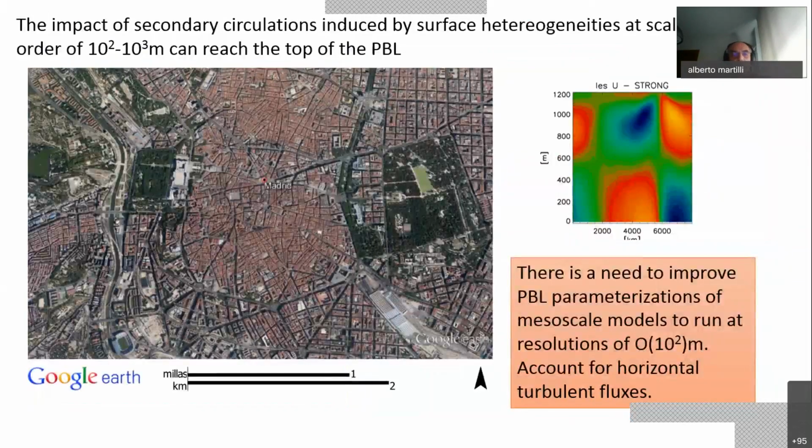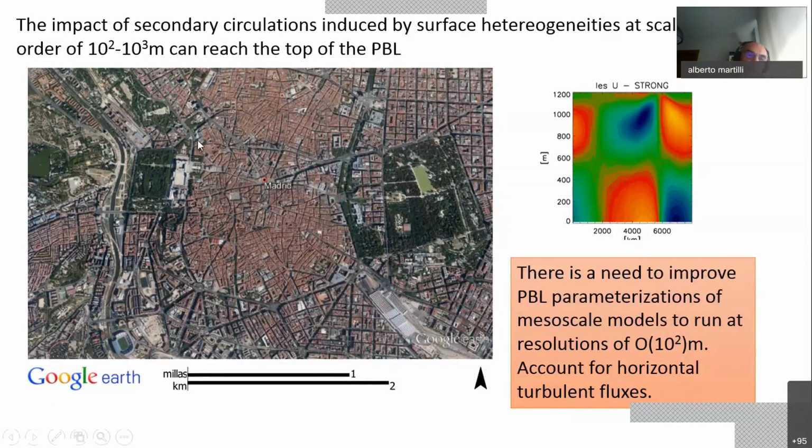The other problem that we have when we simulate urban areas with mesoscale models, as I said before, is to represent the secondary circulation induced by heterogeneity at the scale of, let's say, several hundreds of meters or a few kilometers. For example, here I put a picture of Madrid.